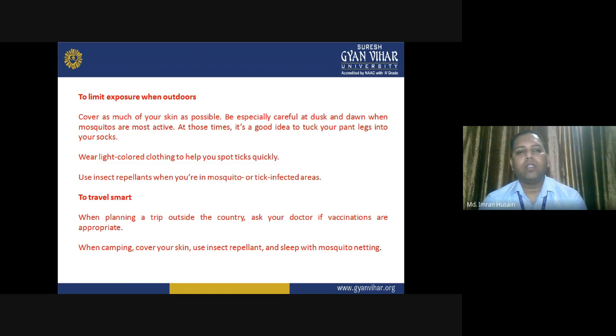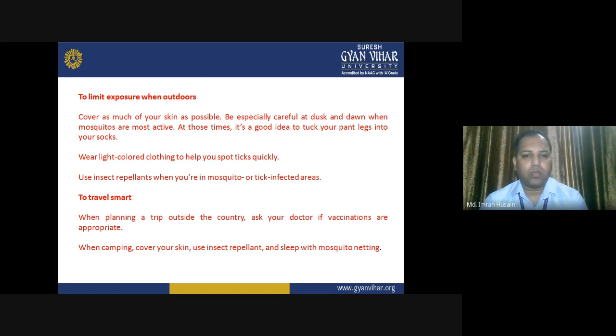To limit exposure when outdoors, cover as much of your skin as possible. Be especially careful at dusk and dawn when mosquitoes are most active. At those times, it's a good idea to tuck your pant legs into your socks. Wear light colored clothing to help you spot ticks quickly.